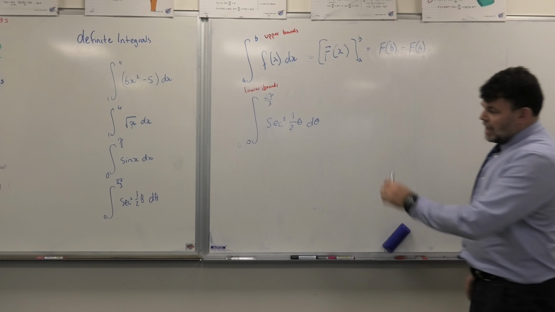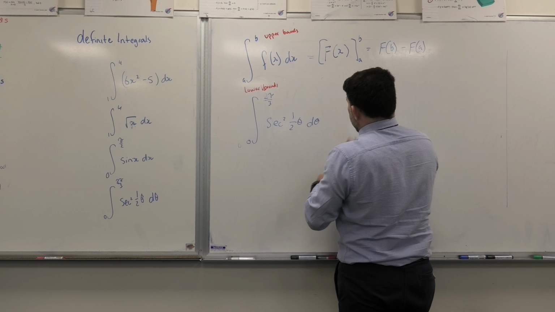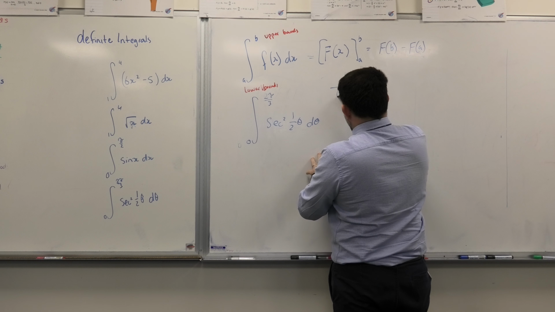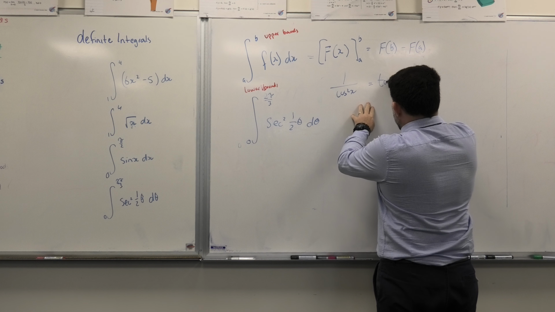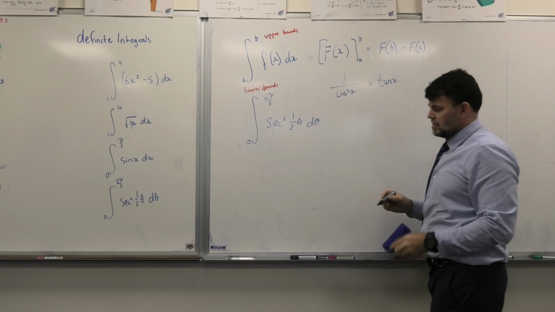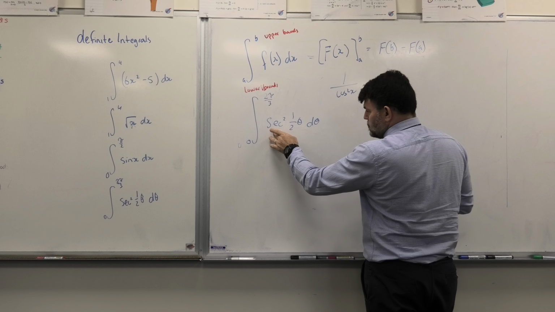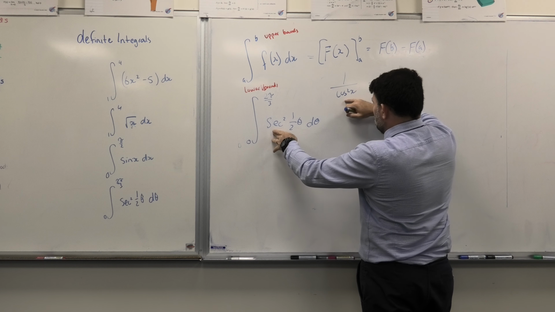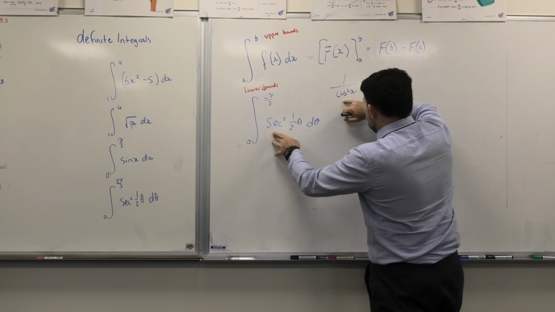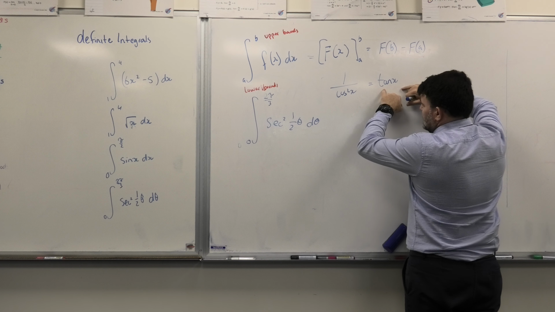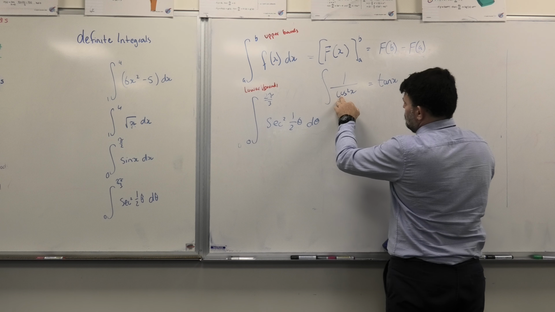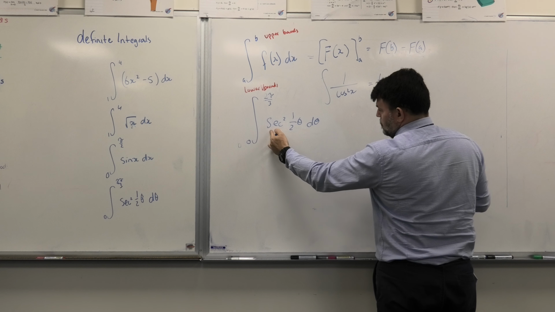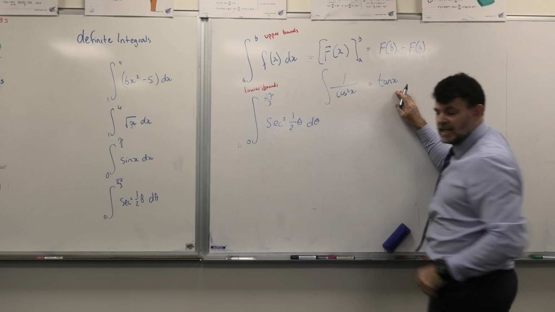Alrighty. Here we know sec squared x is written as 1 over cos squared x. So if sec squared x is equivalent to 1 over cos squared x, then we know that if we integrate that, we're going to get tan x. So the integral of 1 over cos squared x, same as the integral of sec squared x, will give me tan x.